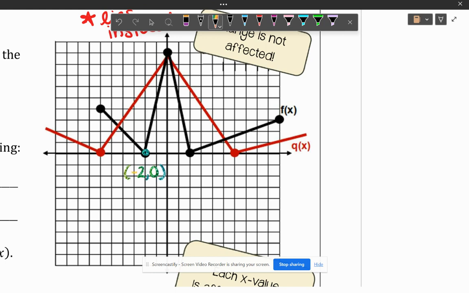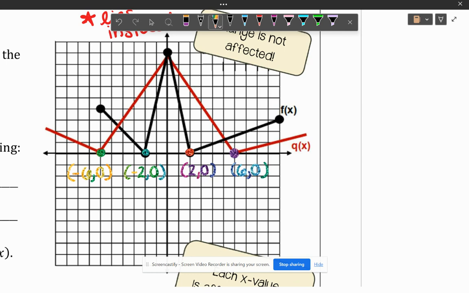is 0, whereas q of -6, that corresponding point, is also at 0, okay? See how they're kind of like matching up? And f of 2 is 0, and the corresponding point on q is 6, 0.